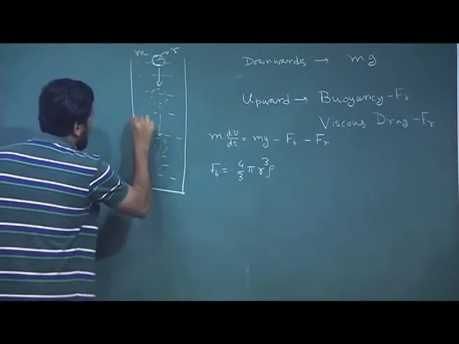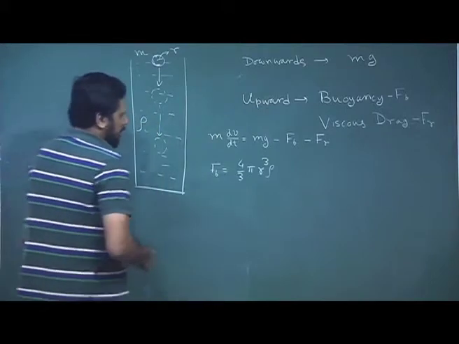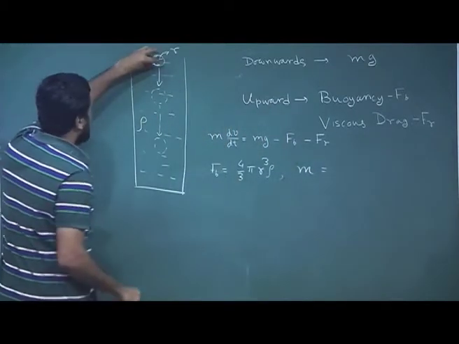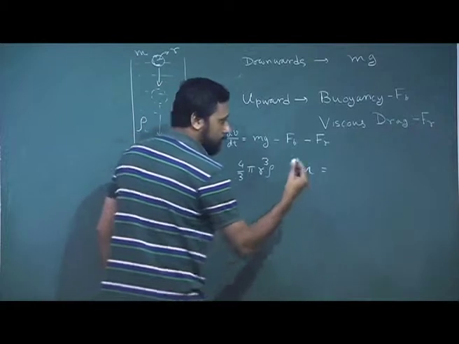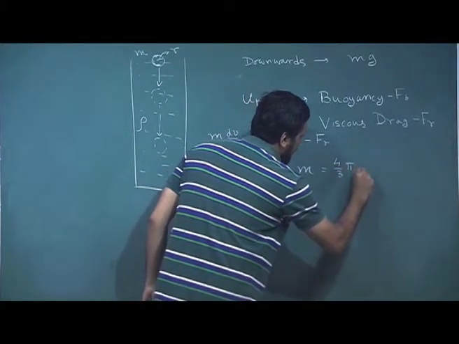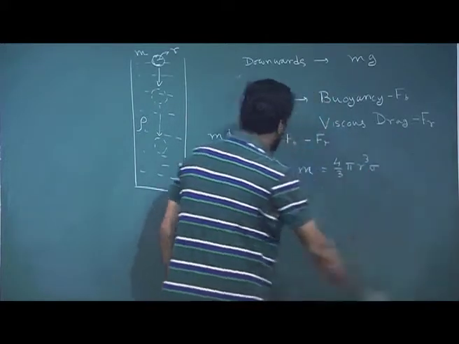Similarly, we can write m, the mass of this small metallic ball, as (4/3)πr³σ.